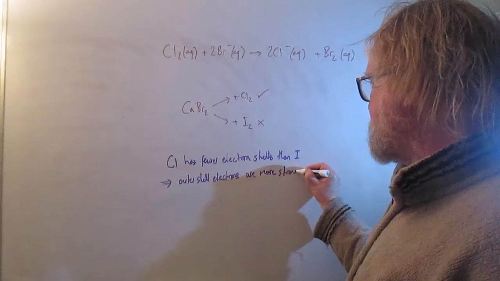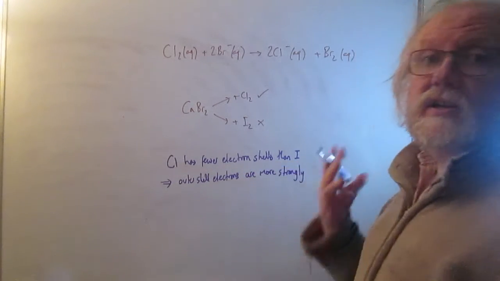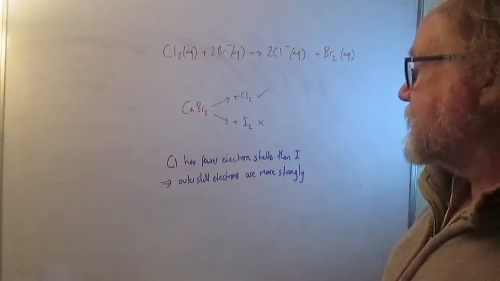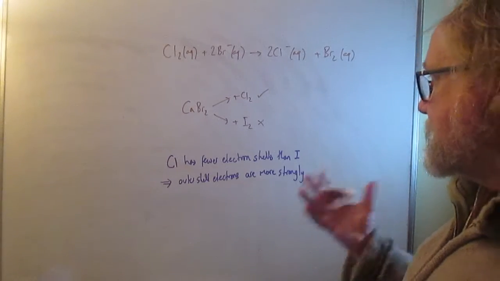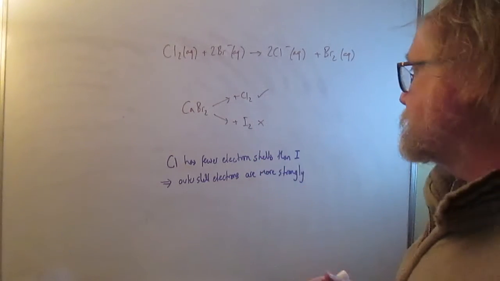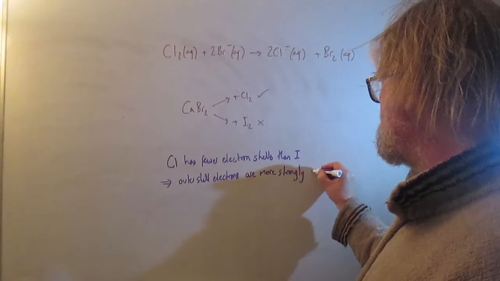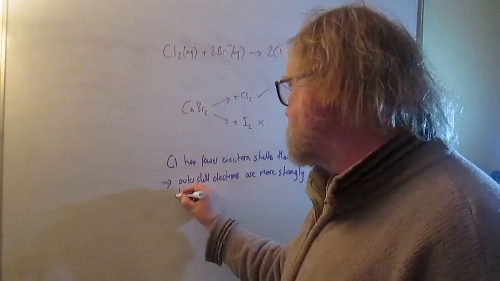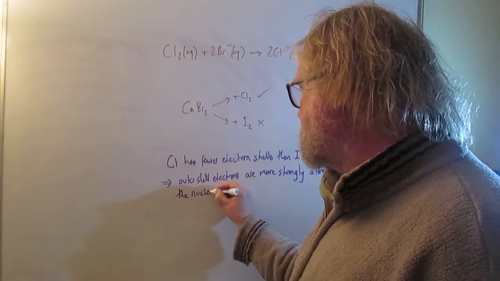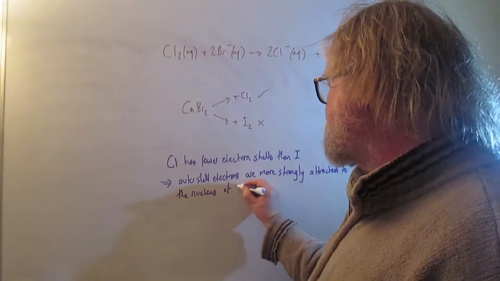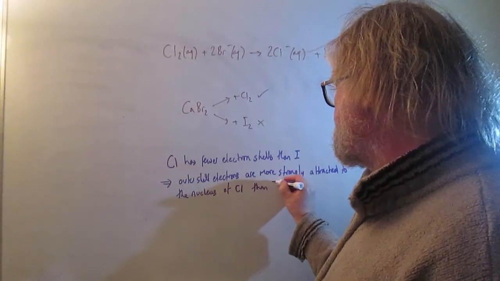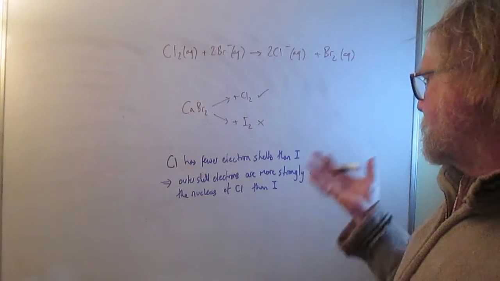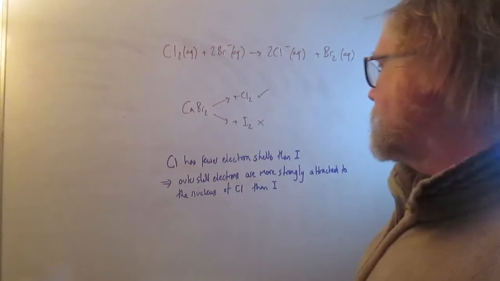Okay, this is the classic trend down the group thing, which you learn when you're learning ionization energies, but it applies in other contexts too. It applies when you're thinking about electronegativity, and it applies here when you're thinking about ability to gain an extra electron. So the outer shell electrons are more strongly attracted to the nucleus. Make sure it's clear that the attraction is to the nucleus of Cl than iodine. And you have to spell out why that is. Just saying fewer electron shells isn't really enough.